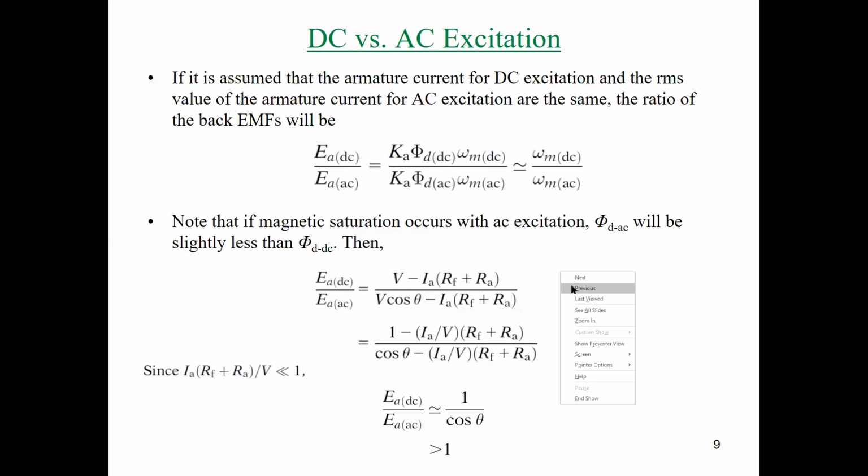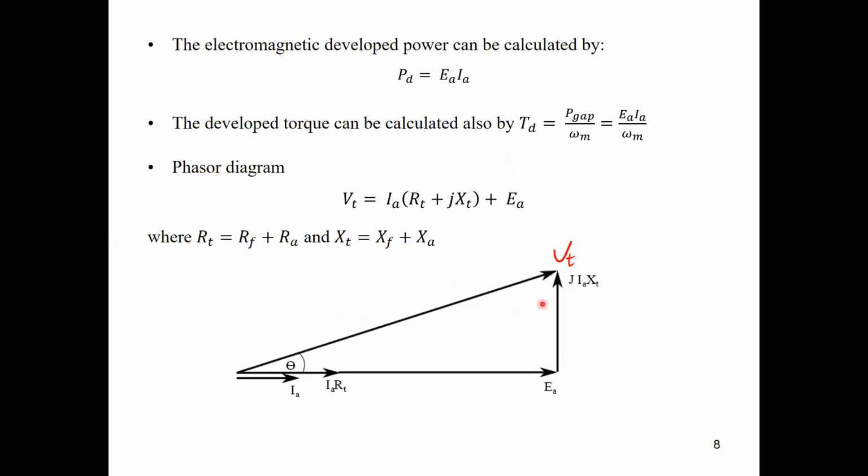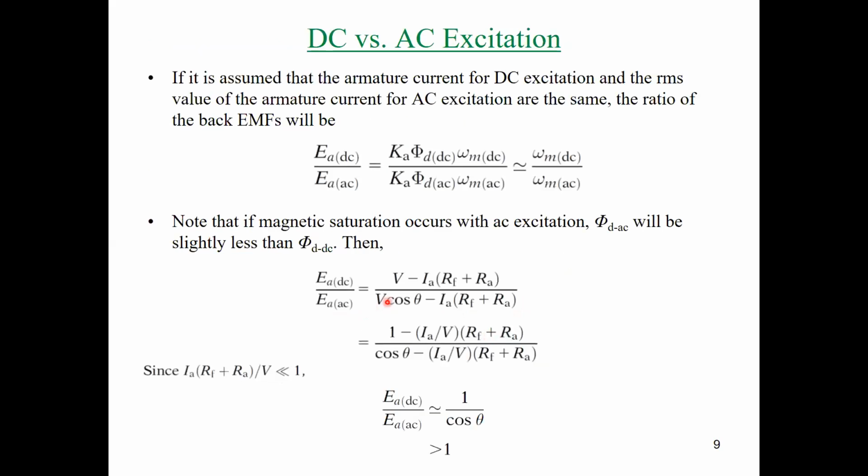If we return back to the phasor diagram here, this is V terminal, and this vector can be represented as V terminal cosine theta. So we can say V terminal cosine theta minus IA R total equals EA. So this is now the relation for AC excitation.